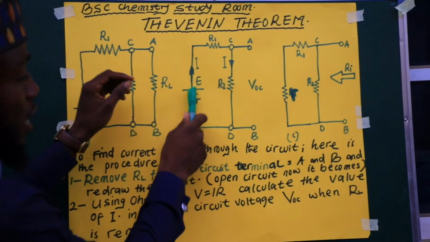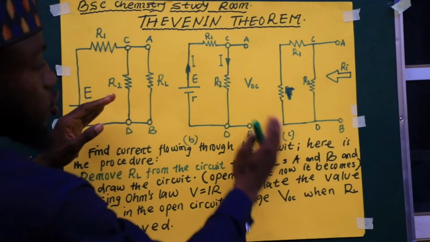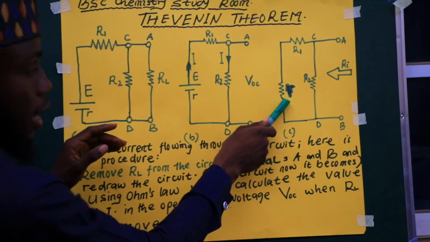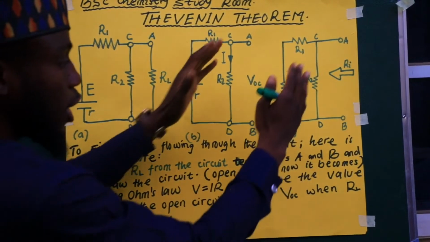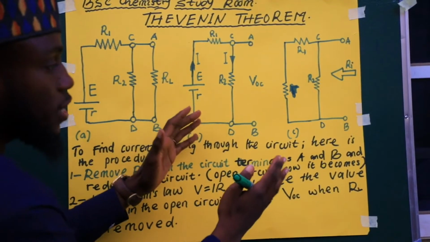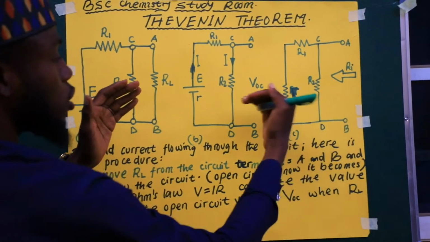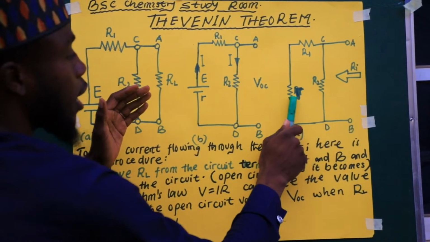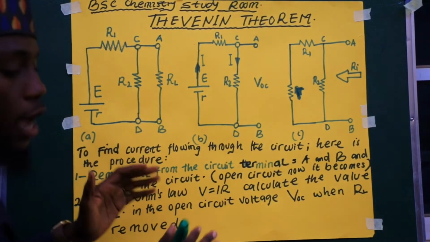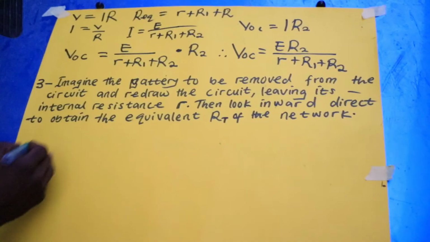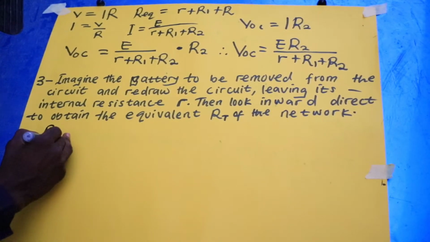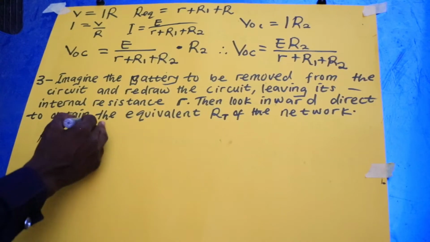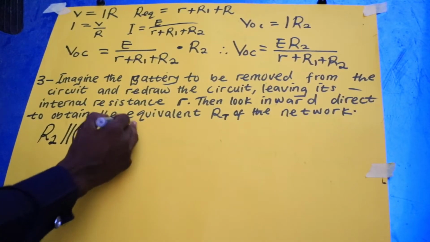So by removing the battery and redrawing the circuit again, leaving its internal resistance small r, in order to obtain the R Thevenin, that is the R equivalent of the circuit, we look directly inward and we find that this small r and R1 are in series and parallel to R2. As we have seen, R2 is in parallel to R1 and the internal resistance small r.